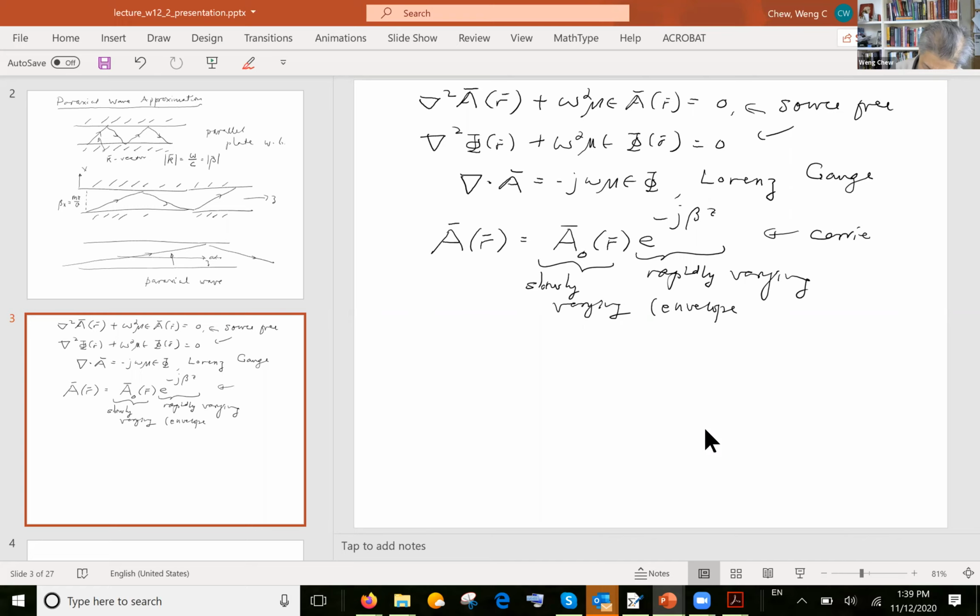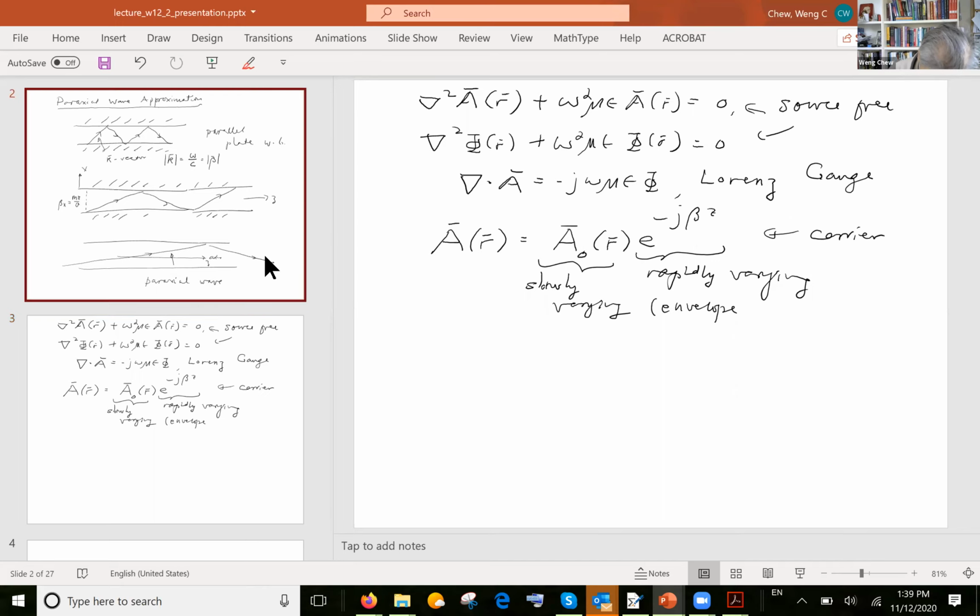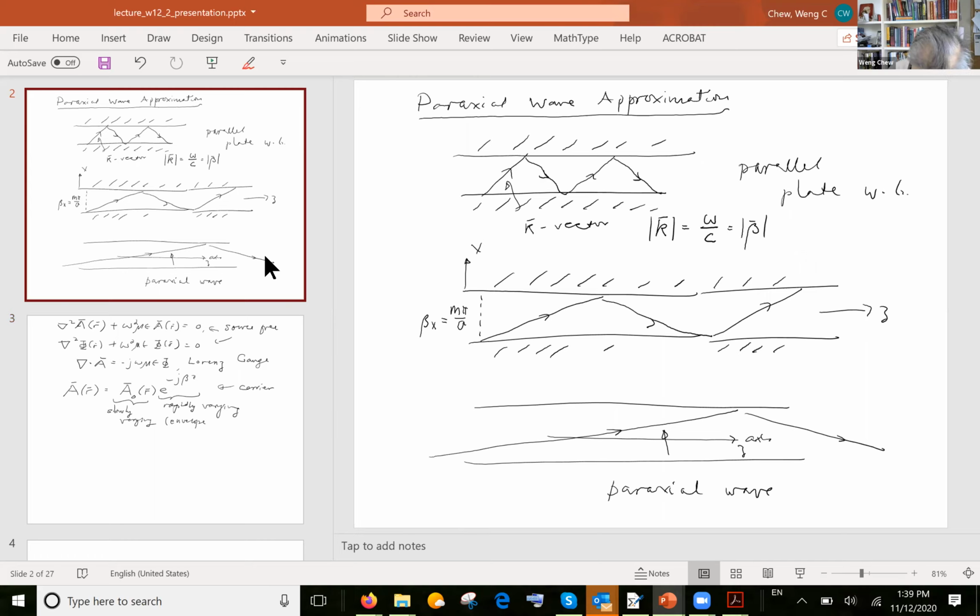We have looked at this concept before, and what we have is that since this is slowly varying, you can think of it as like a wave like this, where the wave is rapidly varying in the z direction, but it's slowly varying in the transverse direction, plus maybe whatever leftover z variation that it has.